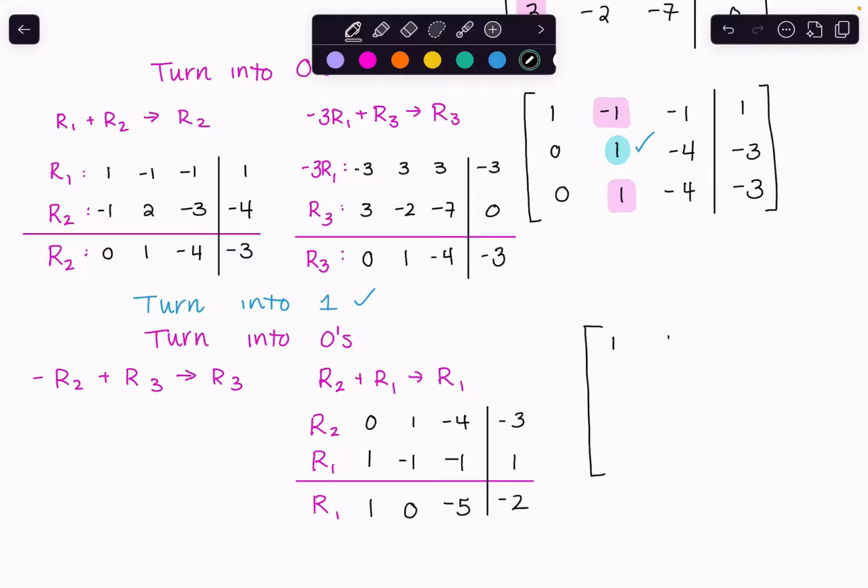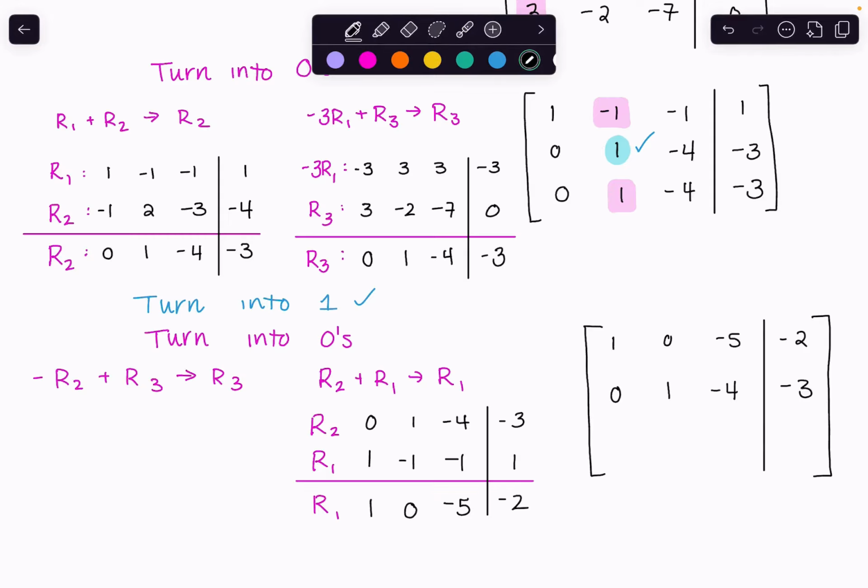So we get 1, 0, -5, -2. And then this one hasn't changed. Okay. And again, this is why we use that second row to eliminate above it, because it has not changed that diagonal position.